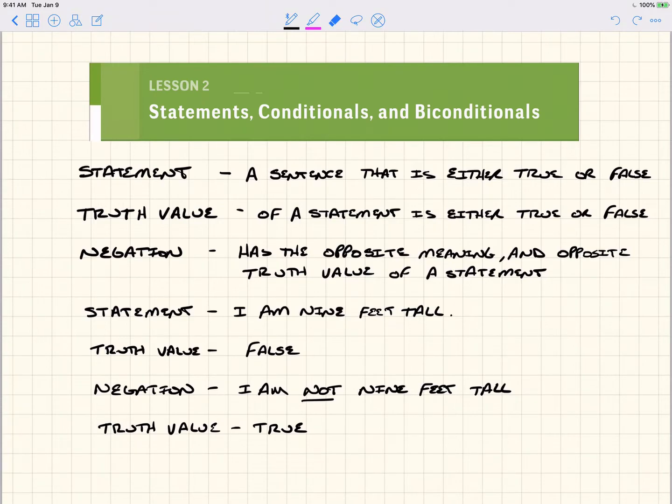So a statement can be either true or false, and a negation is a sentence that has the opposite meaning of the original statement, and that negation can have a truth value of either true or false.